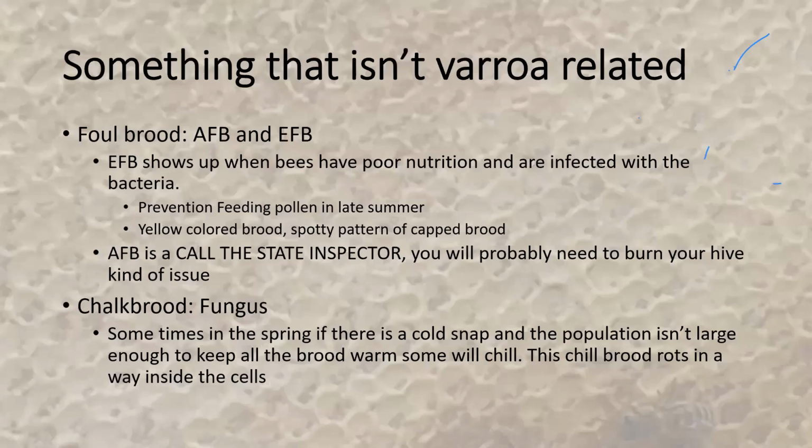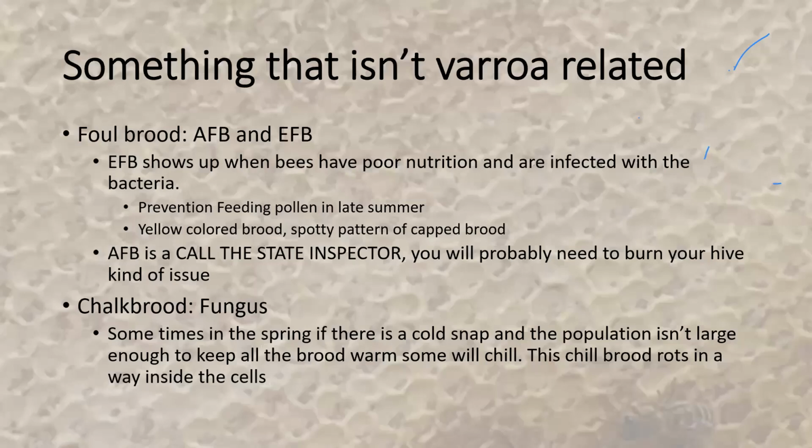It's something that you call the state inspector, and they'll be able to come out and appropriately address the issue. If you actually do have American foul brood, there's no cure. So euthanization of the colony is usually what happens.